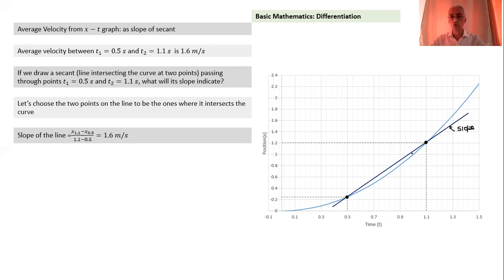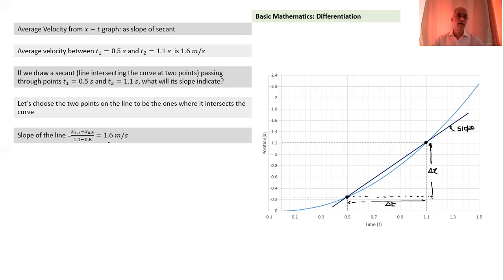So we calculate the slope of the line. Slope of the line can be calculated as delta of the quantity on the y-axis divided by delta of the quantity on the x-axis. So this will give you delta t, and this will give you the change in the quantity on the y-axis, which is delta x.